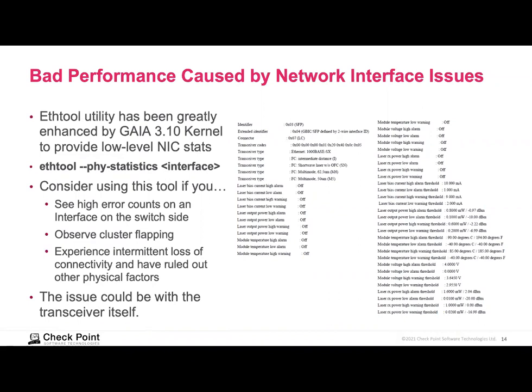This command can show us a lot of stats, which is what's on the right here: the laser transmit power, module temperature, lots of things that could indicate a module is failing and that the issue you're seeing is actually a physical one and not a software one. I think a lot of times we skip over the physical layer because we assume it's been that way forever and nothing's changed, so why would there be a physical layer problem? And we go deep on troubleshooting software and miss a very early step.